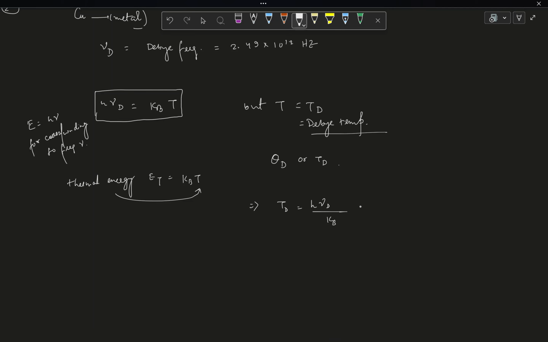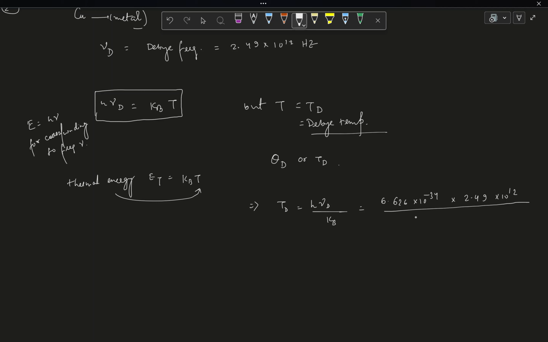Whatever notation you choose, the idea is that your Td is just h times nu d by kB. Now you put the values of the different terms carefully: Planck's constant is 6.626 into 10 to the power minus 34 in SI unit. The frequency nu d, which is mentioned in the question, is 2.49 into 10 to the power 12 in Hertz unit.